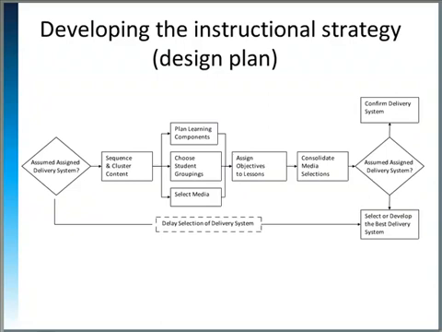So for instance, if you're a classroom instructor, you'll be delivering your instruction live. So you'll be the delivery system. However, there are other options. Your instruction could be televised, printed, or web-based instruction. Ideally, you would delay the delivery system decision until the end of the design process.